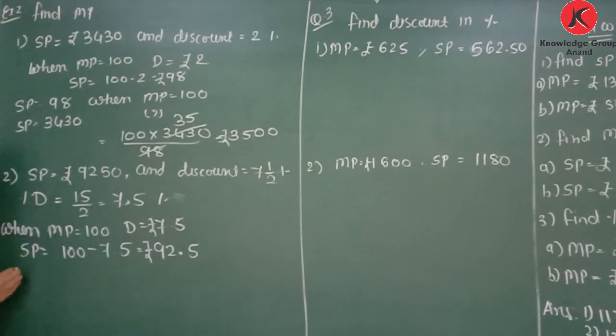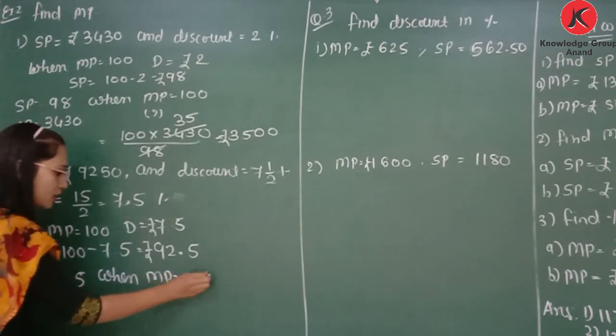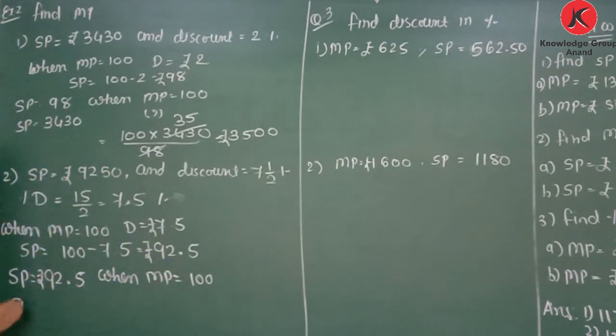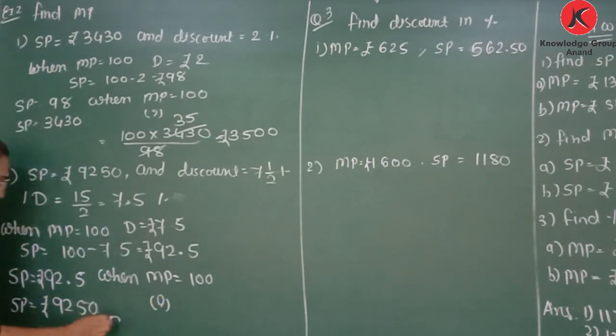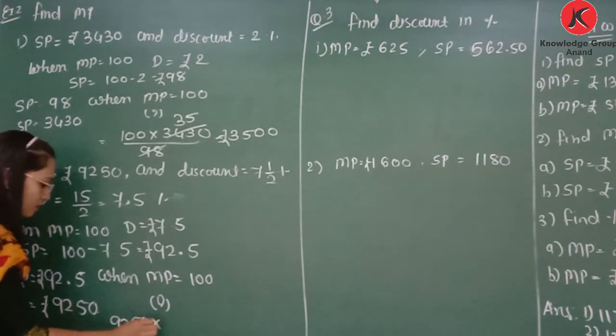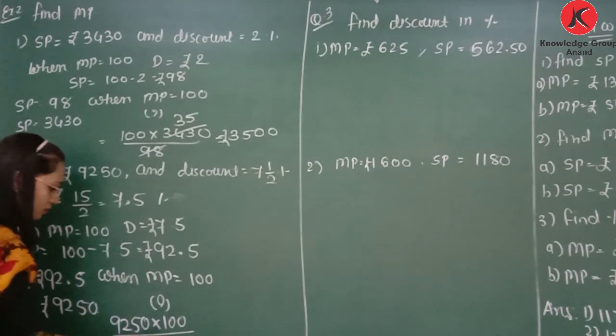So we can say selling price is 92.5 rupees when mark price is 100. But our selling price is what? 9,250 rupees. So what is the mark price? Cross multiply. So 9250 multiply 100 divide by 92.5.